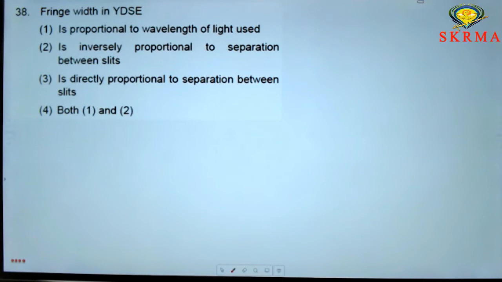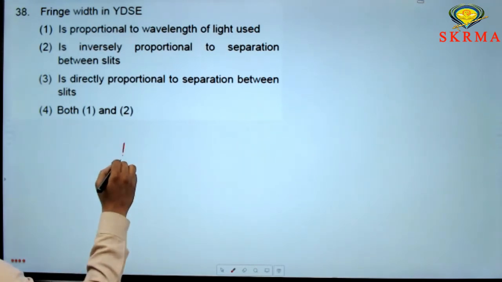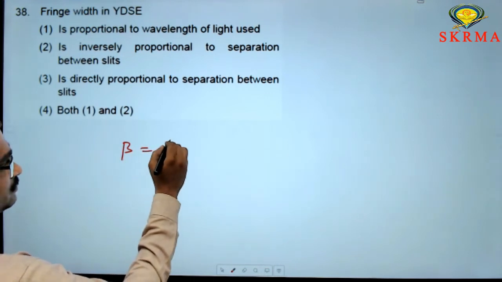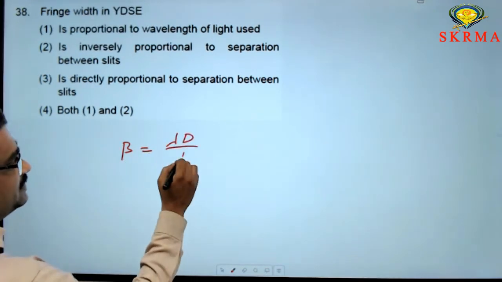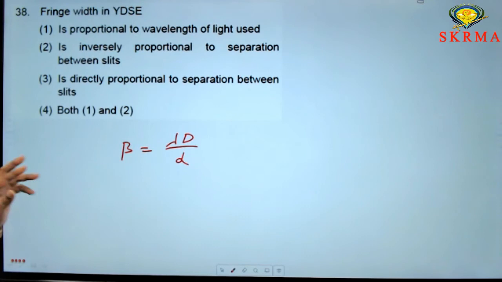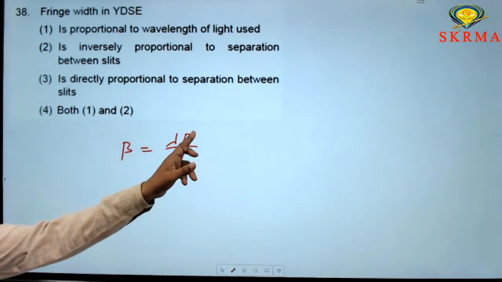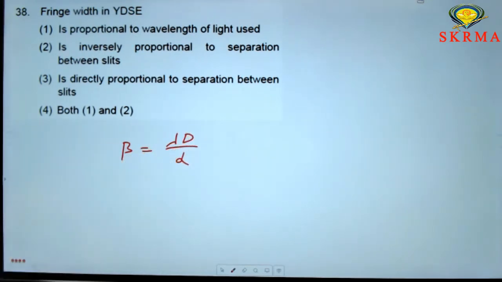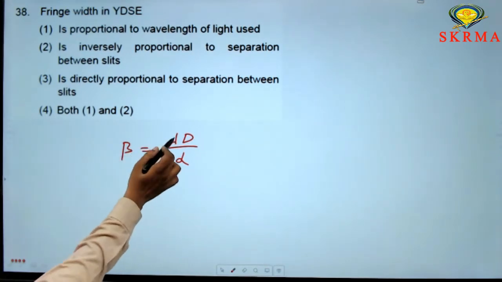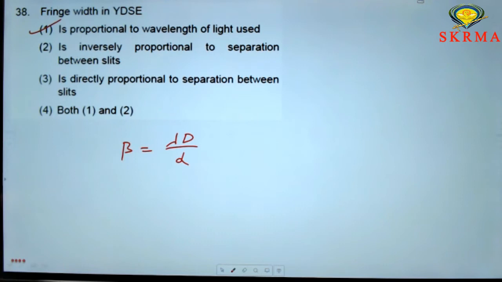Next, fringe width in Young's double slit experiment. The fringe width formula is beta equals lambda into capital D by small d. Lambda is the wavelength, capital D is the distance between the screen and the slits, small d is the slit separation. So beta is directly proportional to wavelength. First option correct.